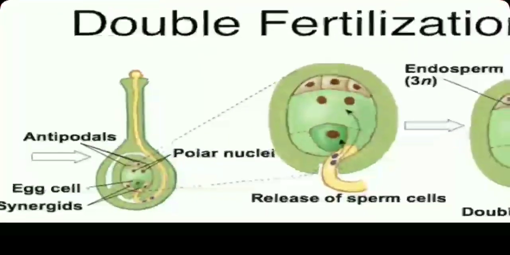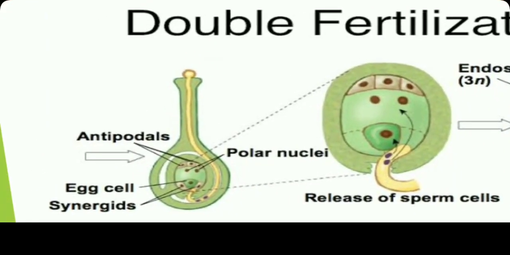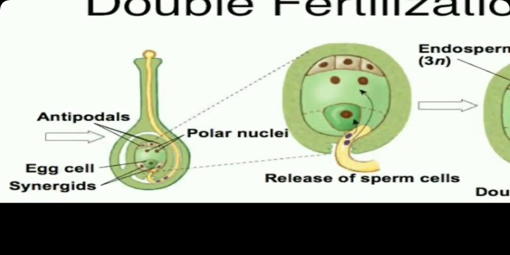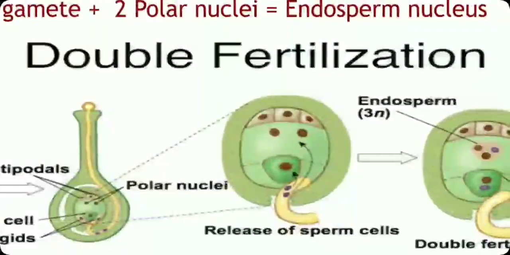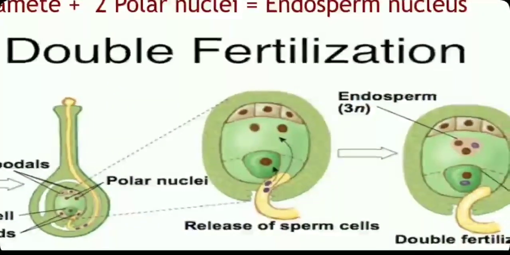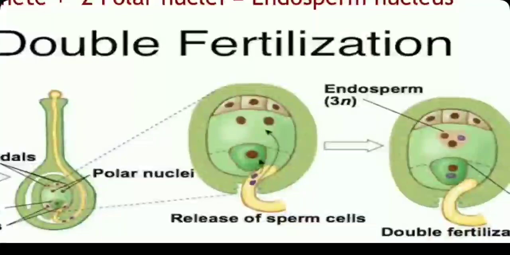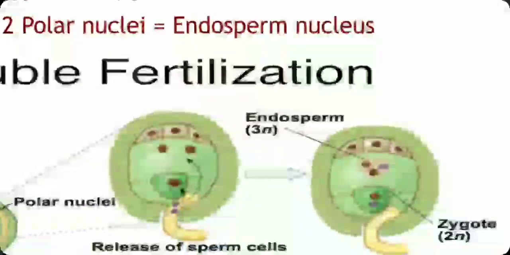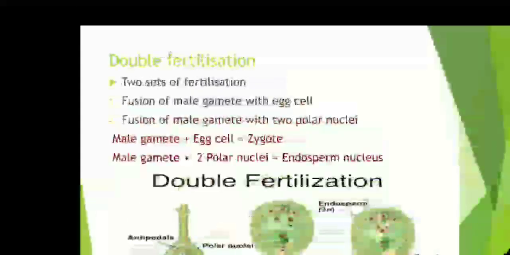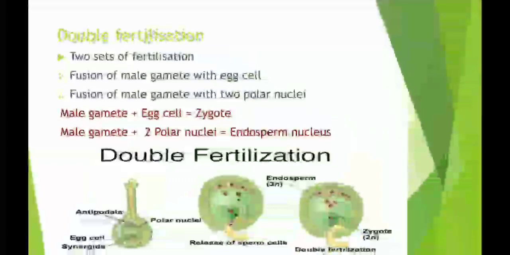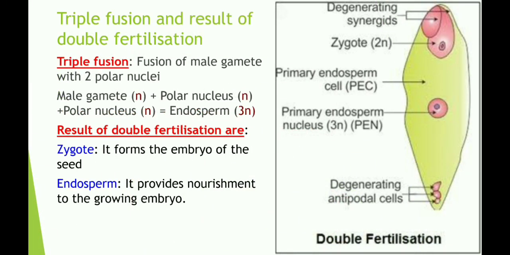You can see the antipodal cells, the polar nuclei, and the synergids. Here the sperm cell first fuses with the egg cell and then the second fuses with the central cell, and they form the zygote and endosperm nucleus. So this is why it is called double fertilization. I think it is clear to you because the fusion takes place two times with different nuclei.